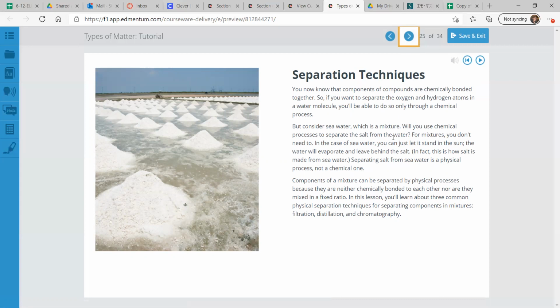So an example of a physical process is removing salt from seawater. If you just let seawater stand in the sun, the water will evaporate and leave behind salt. And that is how salt is made from seawater. So that's a physical process, not a chemical one.